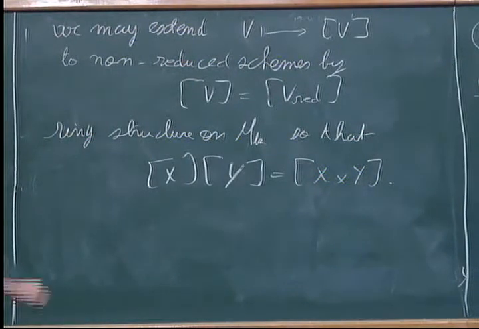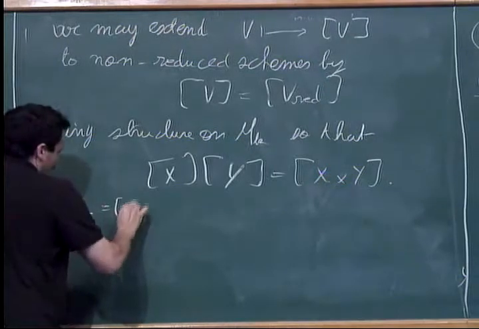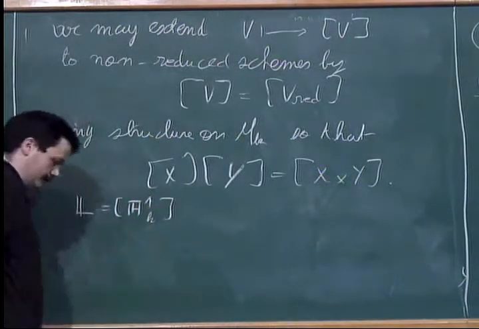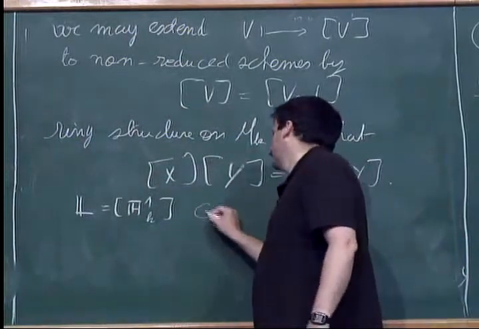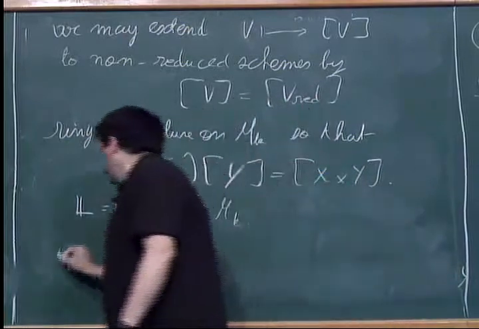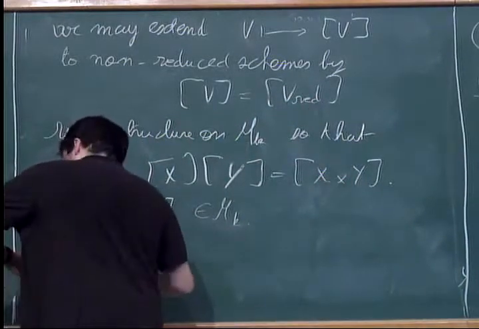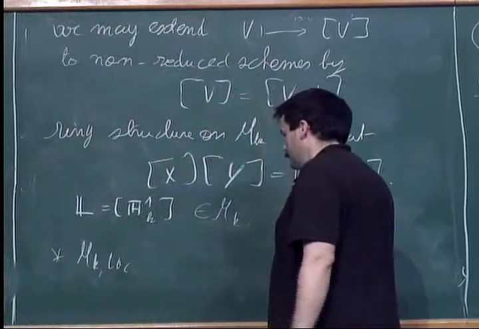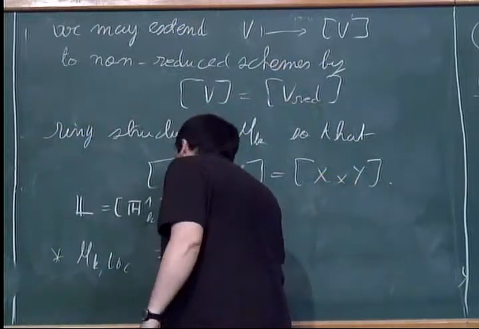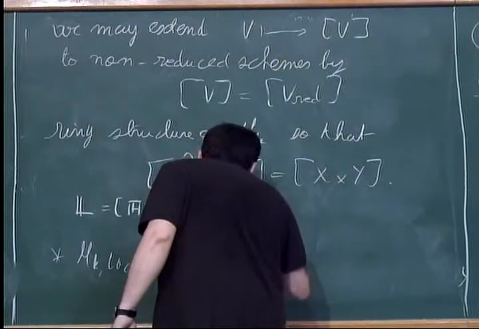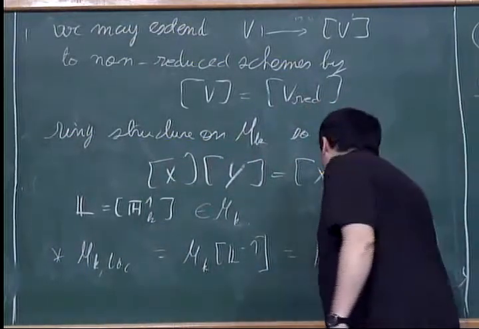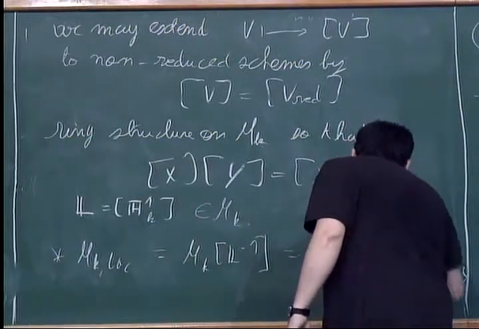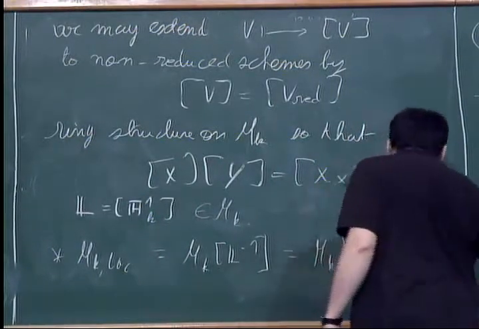So to do limits, I introduce a Tate symbol, which is the class of A1 in this ring, L, and then I define M k localized to be the extension of M k in which I invert L. If you prefer, this is M k of t over 1 minus L t.